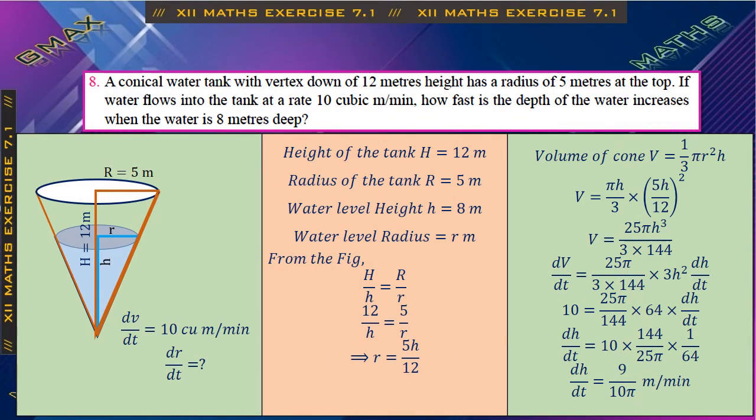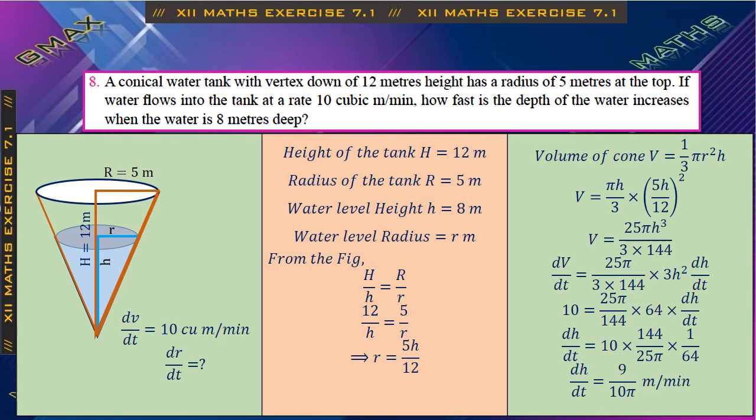Question: a conical water tank with vertex down, 12 meter high, has radius 5 meters at the top. If water flows into the tank at the rate of 10 cubic meter per minute, how fast does the depth of water increase when the water is 8 meter deep? The tank is in conical form, with height 12 meter and radius 5 meter. At the water level, the height is small h and the radius is small r, where h is given as 8.